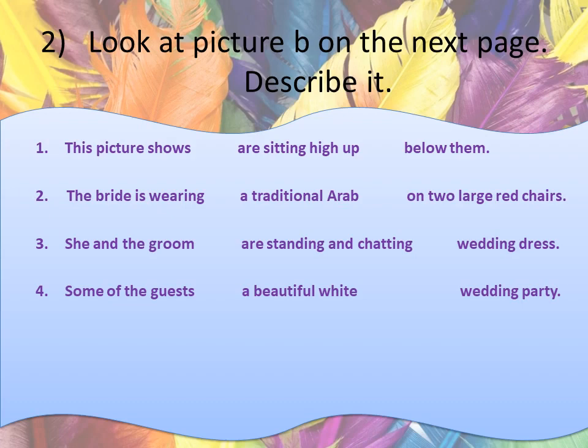The second column: are sitting high up, يجلسون عاليا; a traditional Arab; are standing and chatting, يقفون ويتحدثون; and a beautiful white, أبيض. The third column: below them, في الأسفل; on 2 large red chairs, كراسي; wedding dress, فستان الزفاف; and wedding party, حفلة الزفاف. Now take your time, think and match them.